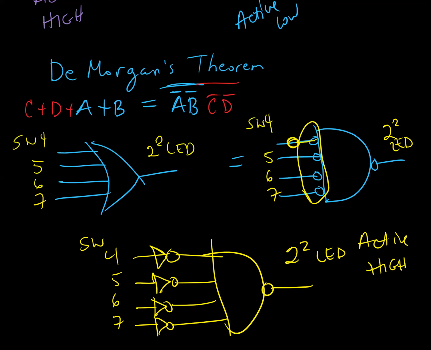And these inputs we said were active high right here. They're active high, meaning normally the switches are all low. So in our example, switch 4, 5, and 7 were low, but we flipped switch 6 high as being our input switch. Now, on the other side of the inverters, we've got high, high, low, high, right?